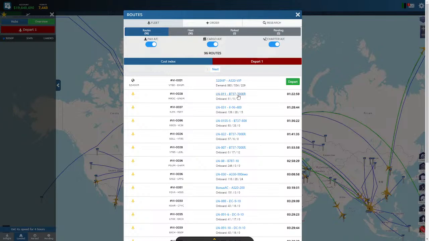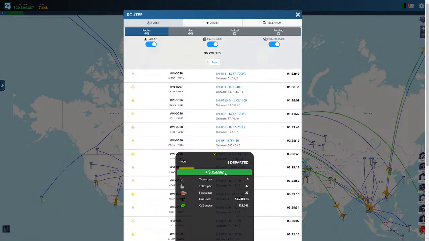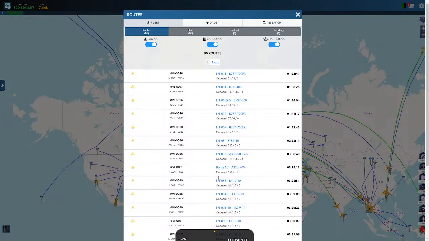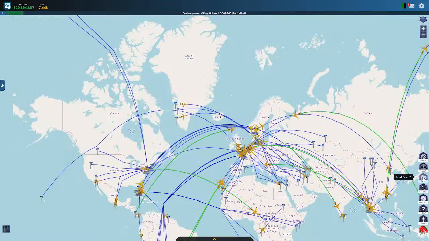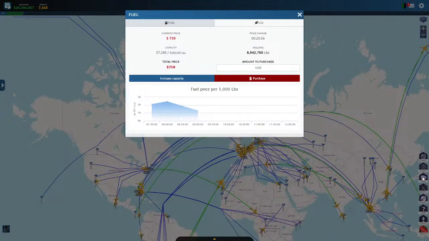I send out the plane and I top it off again and see how much money I have, because it's kind of misleading. When you depart a plane like this, it says, oh, I made 754, but you didn't, because you have to pay for this.